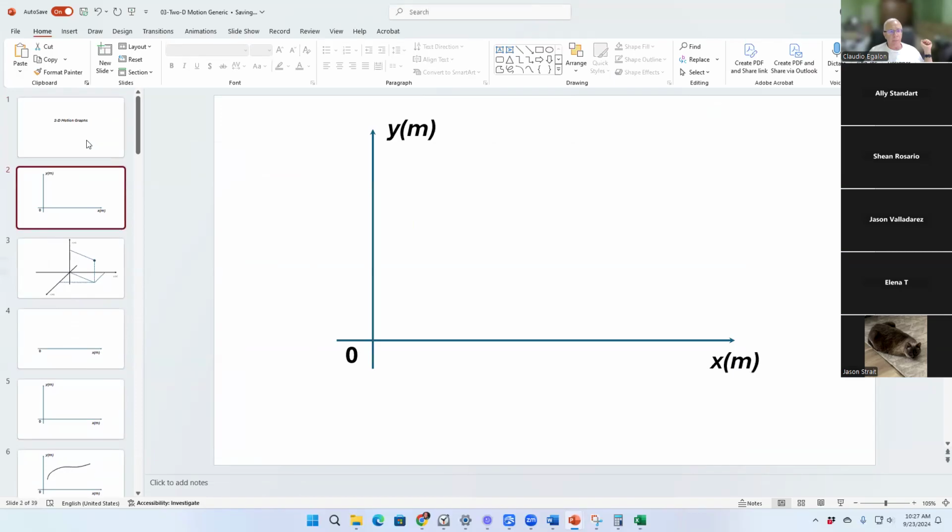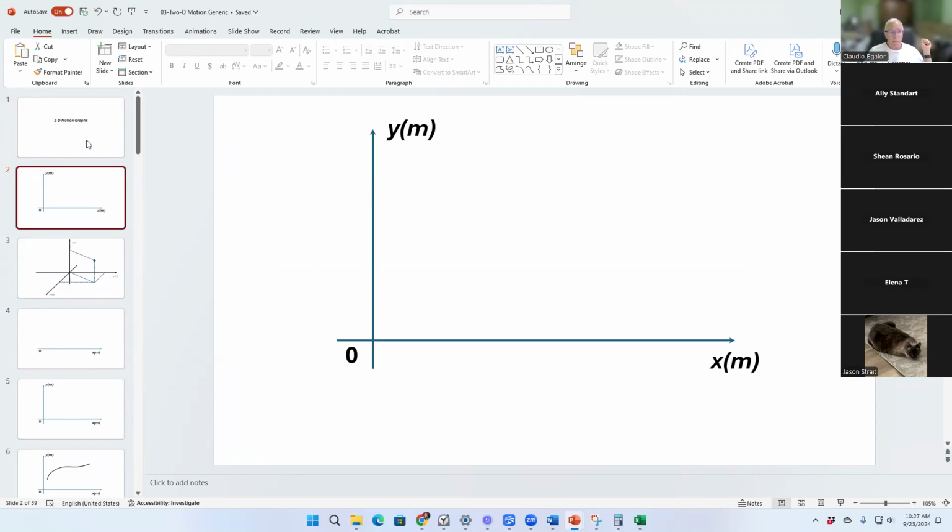Because now we have two-dimensional motion, we have to depict it in the x and y plane, not just along the x direction or along the y direction, but simultaneously along them.